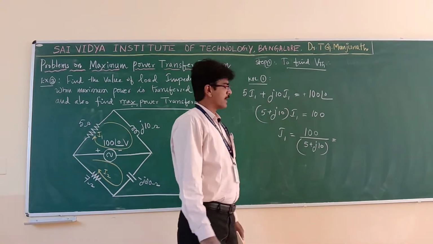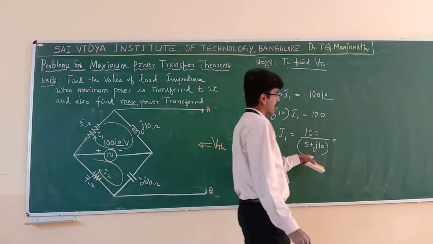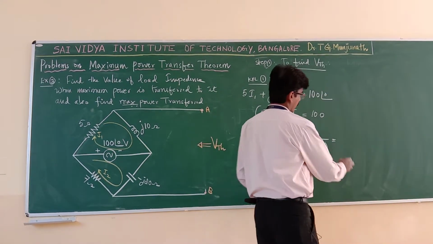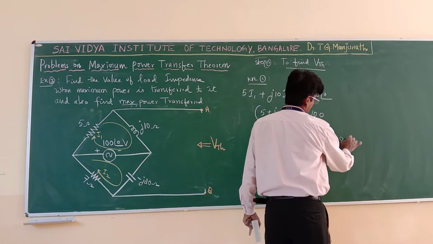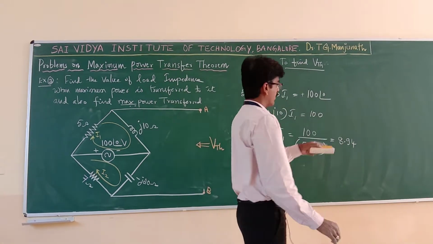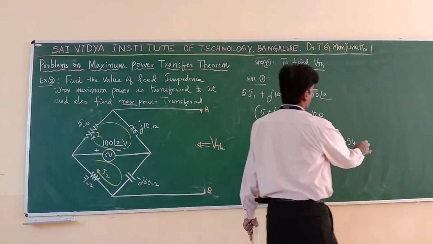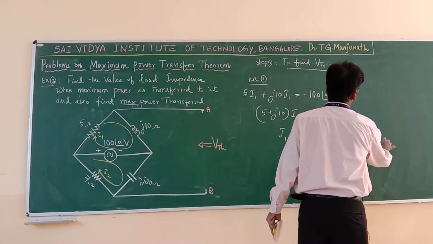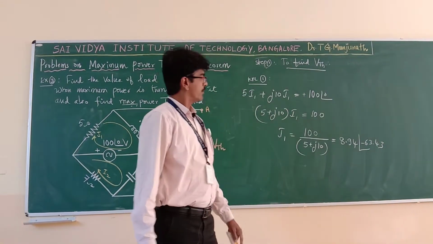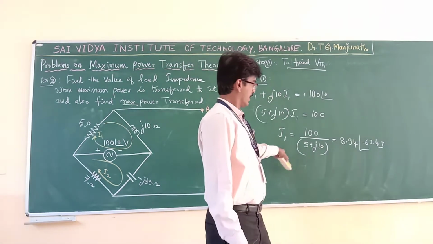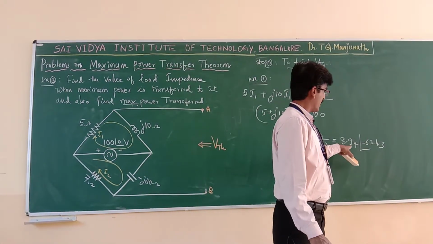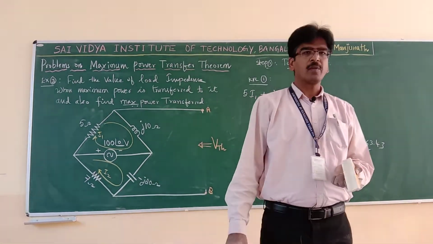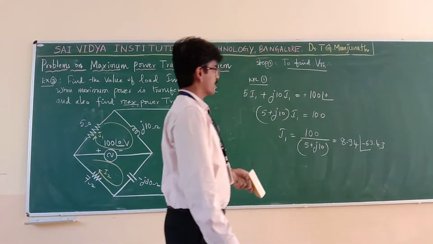Keep the calculator in complex mode, enter this value and you will get I1 as 8.94 at an angle minus 63.43.